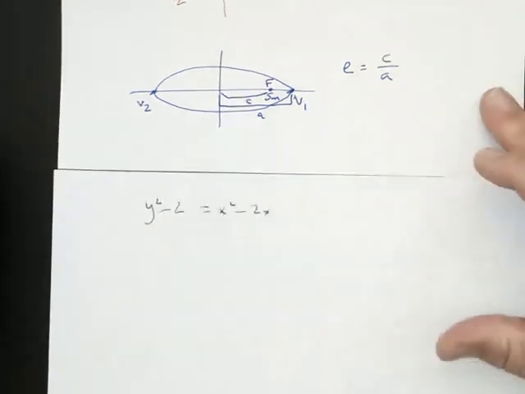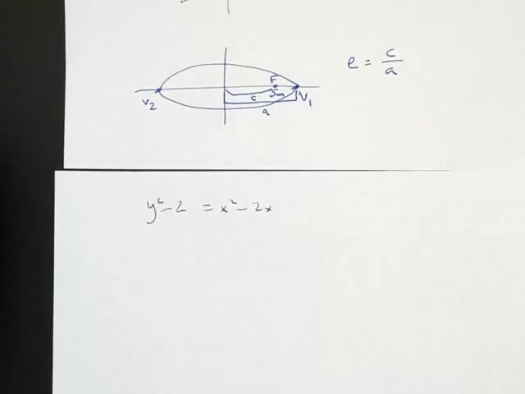And the goal is to figure out what conic section this is. Okay, first thing I can deduce, this is not a parabola. Why do I know it's not a parabola? It's got two squares, right? Parabolas are either y squared in terms of x or x squared in terms of y, right? Two squares. So it's either an ellipse or a hyperbola.